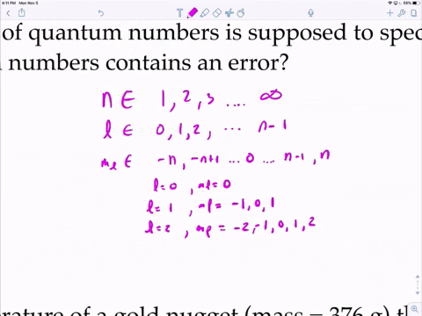So the principal quantum number can be positive whole numbers only, up into infinity. L is bound by n, it can be 0 up to n minus 1. M sub L is bound by, I'm sorry, I shouldn't say n, I should say L. I'm doing the wrong variable.